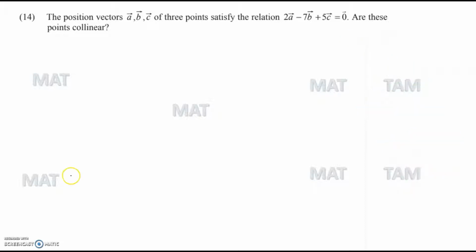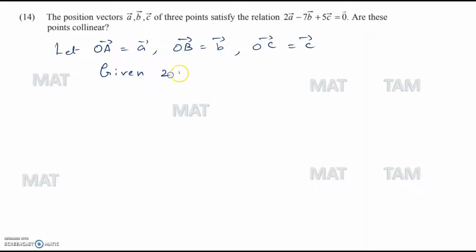Let's proceed. So let us define OA vector equal to a vector, OB vector equal to b vector and OC vector equal to vector c. Now what is given is that 2a vector minus 7b vector plus 5c vector is equal to 0 vector.